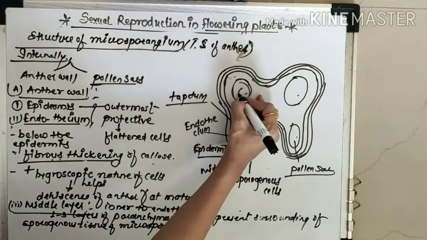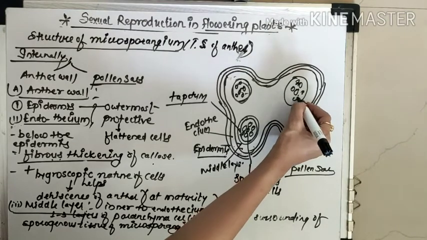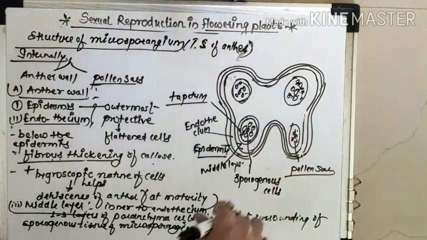Understood? So each microsporangium contains at the center of each microsporangium one specialized cell, that is called sporogenous cells.